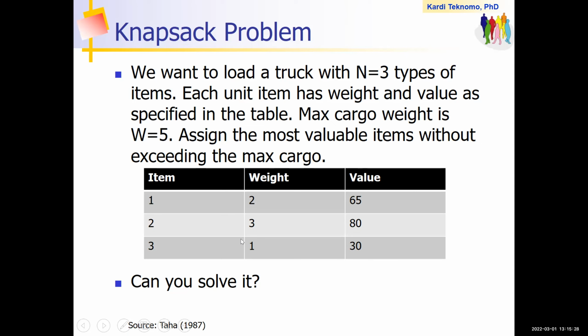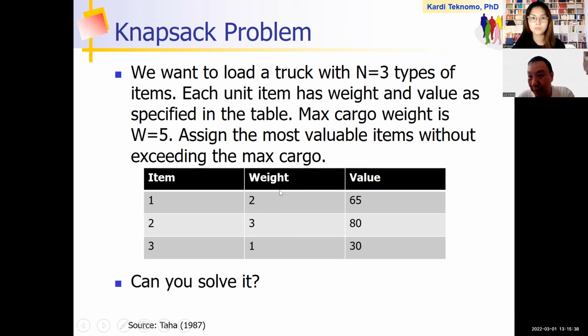And for each item, how many possible values are there? For each item, because this is discrete, how many possible values? Say item 1, what is the possible value of item 1? If you want to talk, can you unmute?